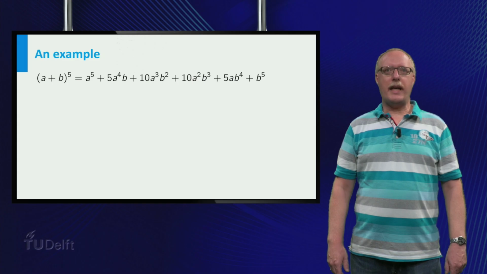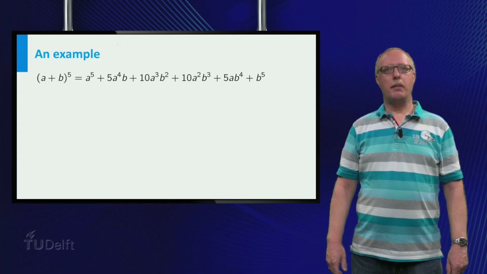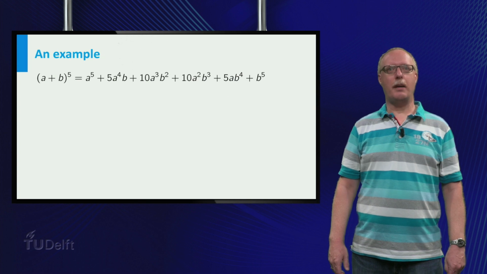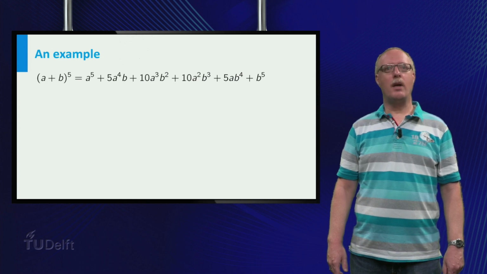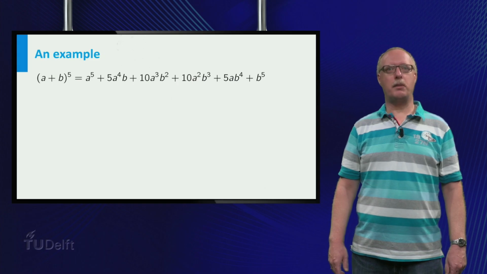So we conclude that (a+b)^5 equals a^5 + 5a^4 b + 10a³b² + 10a²b³ + 5ab^4 + b^5.